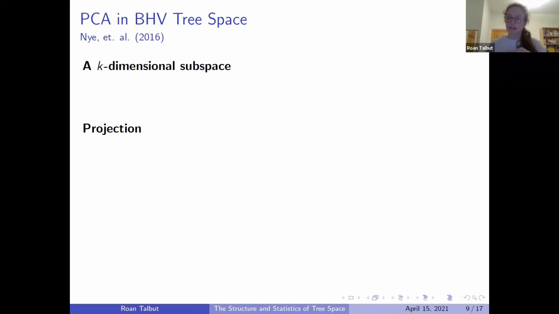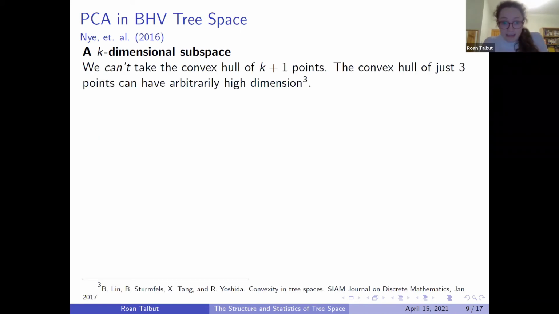We can't necessarily extrapolate, but this gives us some sense of interpolating. Unfortunately, we can't just take the convex hull. One of the difficult things about this space that makes it harder to work with is that for a fixed number of just 3 points in our space, we can have an arbitrarily high dimensional convex hull, which is unhelpful.